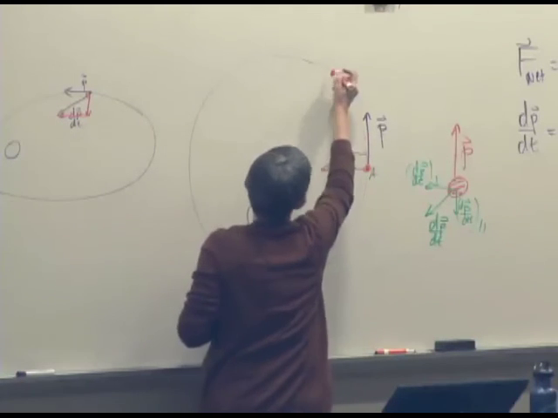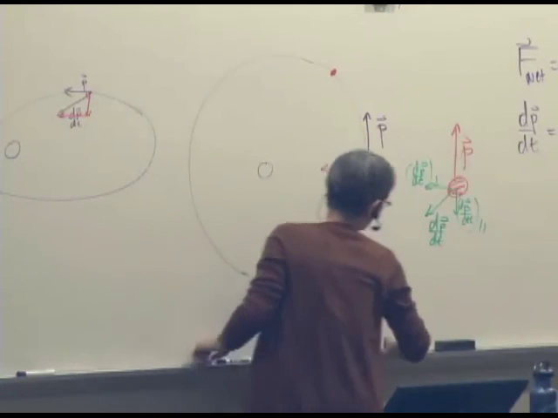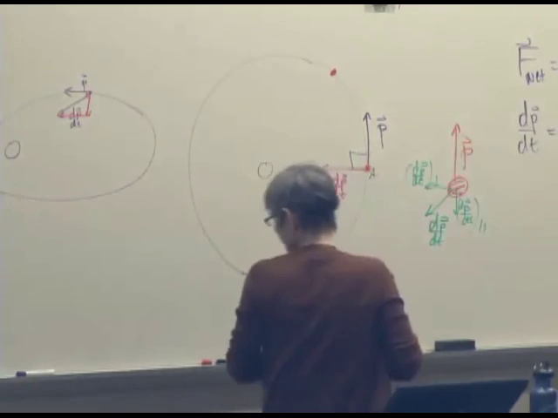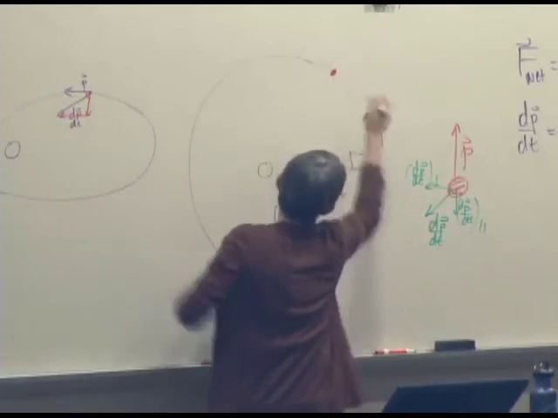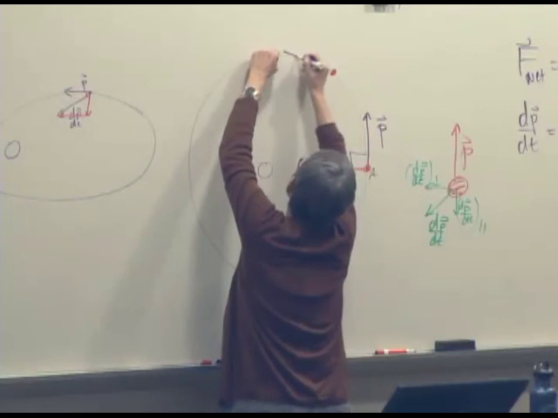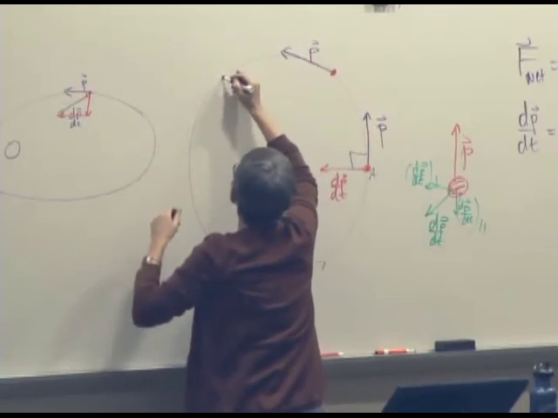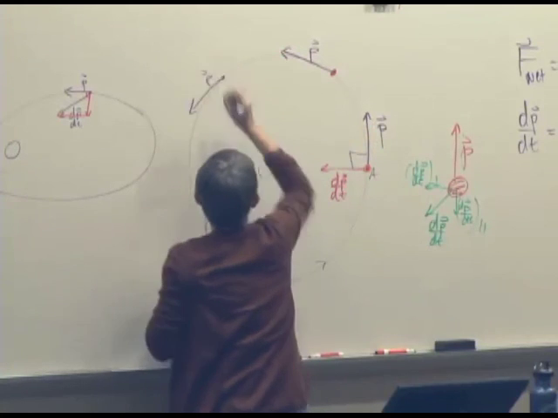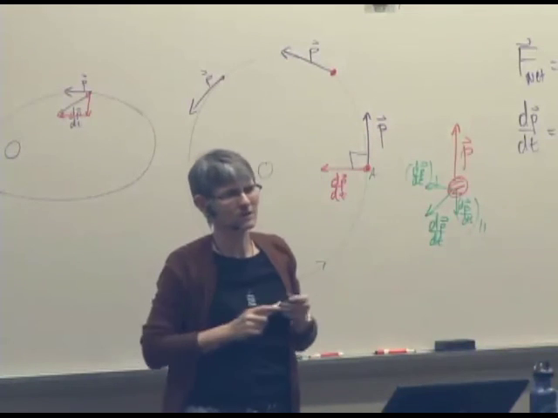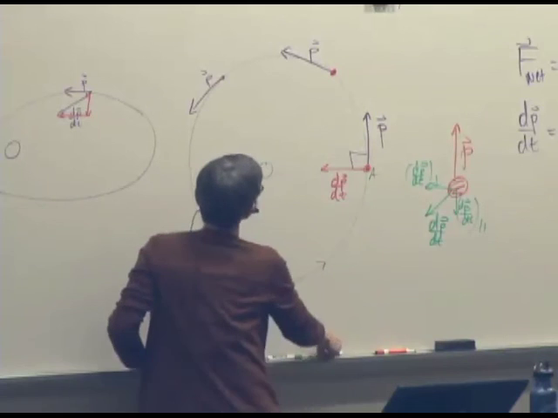And so all it's doing is turning. So at this point, the magnitude of the momentum is the same. It's just turned. Not all circular orbits are constant speed, but we're talking about a circular orbit at constant speed.